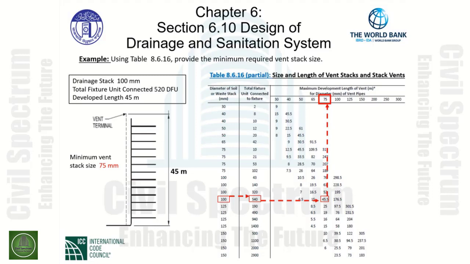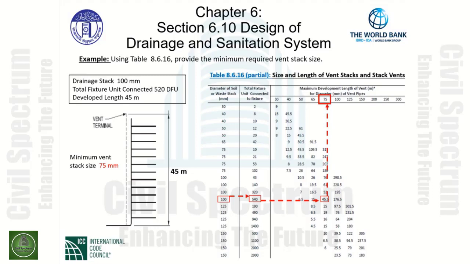Applying the table is as follows. The first column, we select the diameter of soil stack. In this case, we have 100 millimeters. Once we select the 100 millimeter waste stack, we move to the next column to the right, total fixture unit connected.